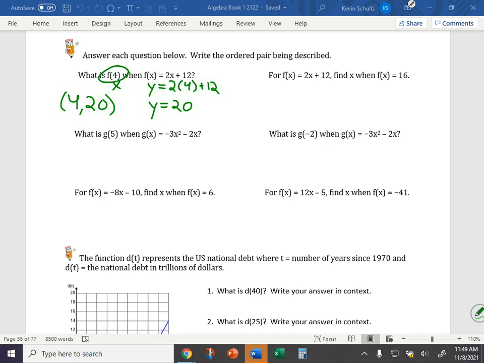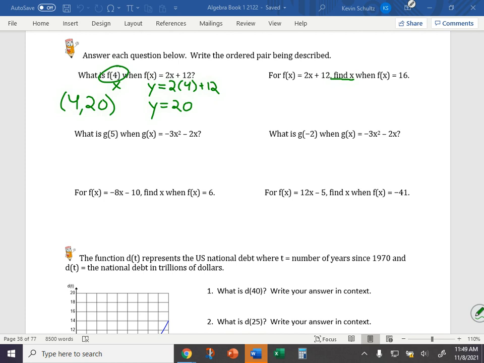Leah. We're not going to be plugging in the 16 for x because part of this statement says find x, which means, Morgan, 16 equals 2x plus 12.